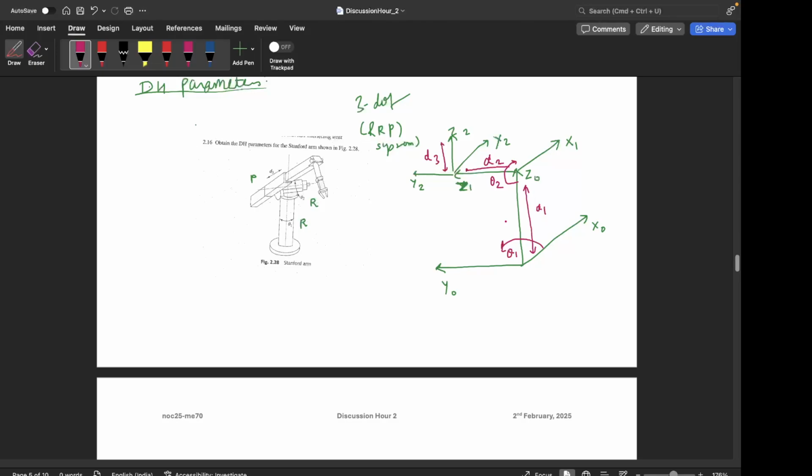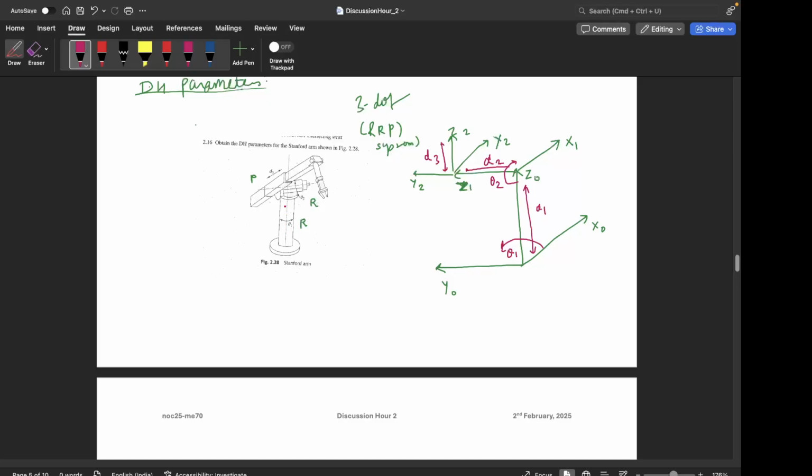Okay. So I think we have most of the things that is required. So first, what we do is that we assign the base frame, and then we start assigning the frames as per the DH convention.